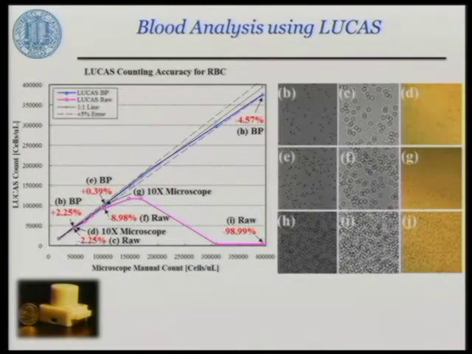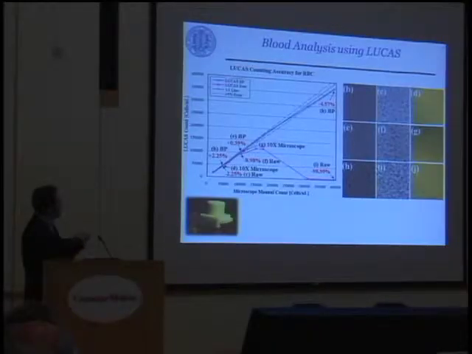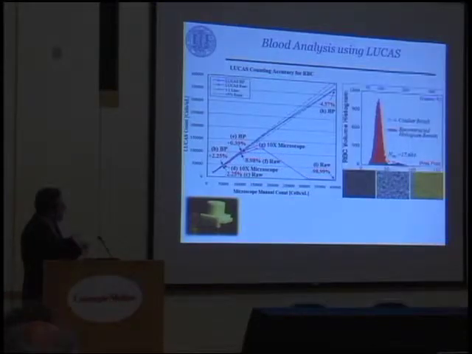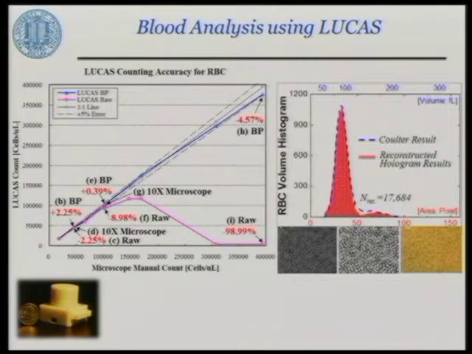Everything is digital. It works as a microscope, but at the same time, it can work as a cytometer, as a blood analyzer. I'll quickly go over some of the results which show that this type of a microscope could work as a cytometer for counting the density of red blood cells or the volume of individual red blood cells, because everything is working as a phase imaging modality.